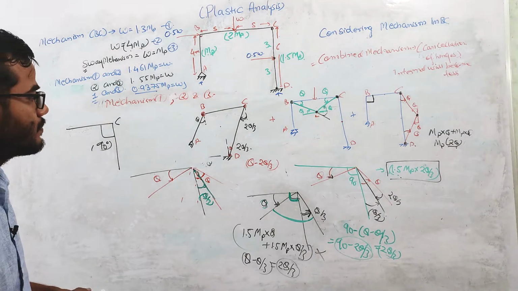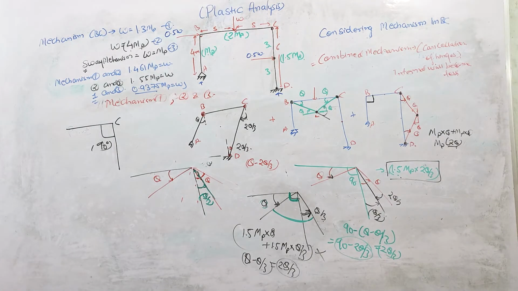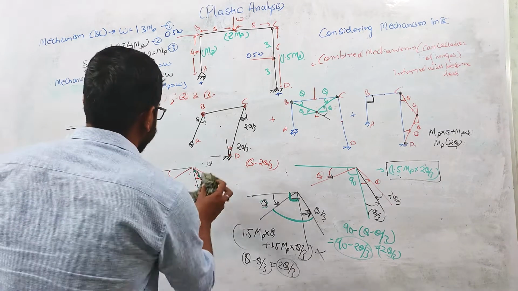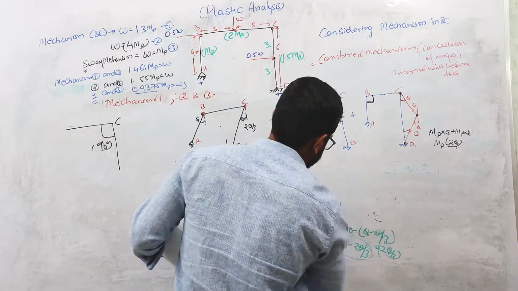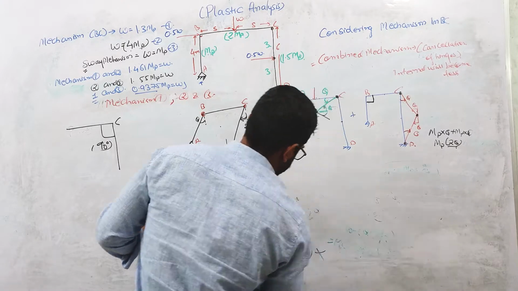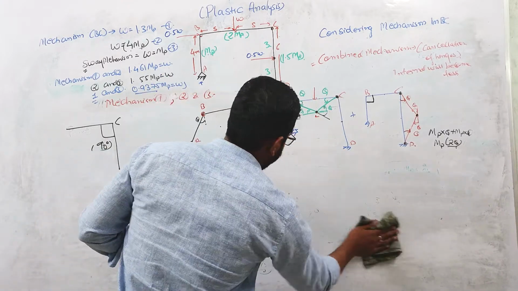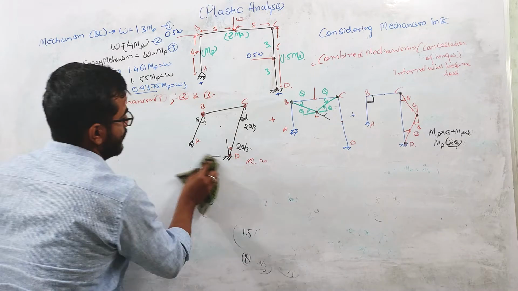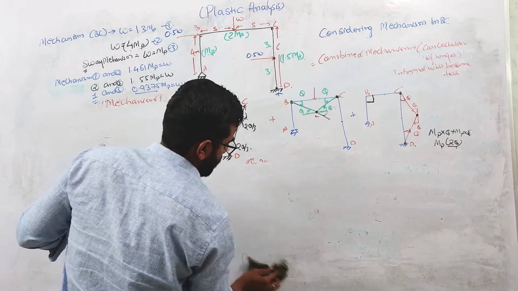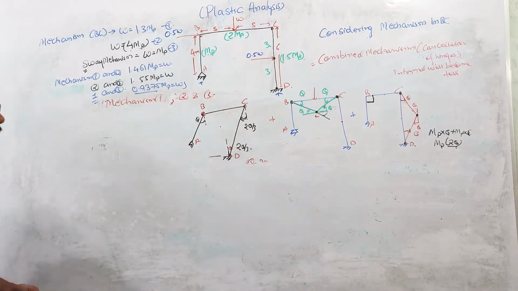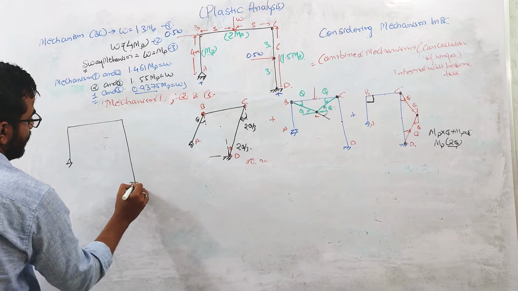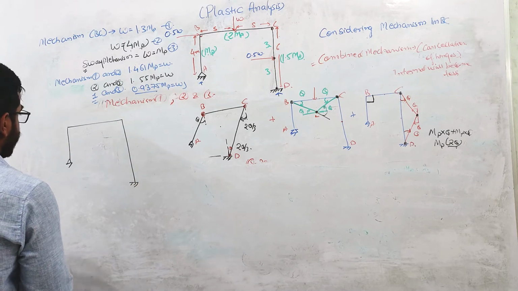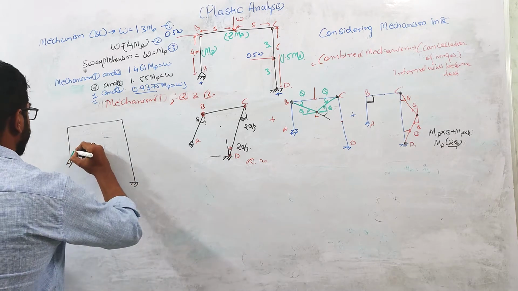Now if you see, plastic hinge is forming at this point, C point. Now we will be drawing the plastic deformations. Okay, so if this is the initial structure, the initial portal frame, the plastic deformations will look like this during collapse.